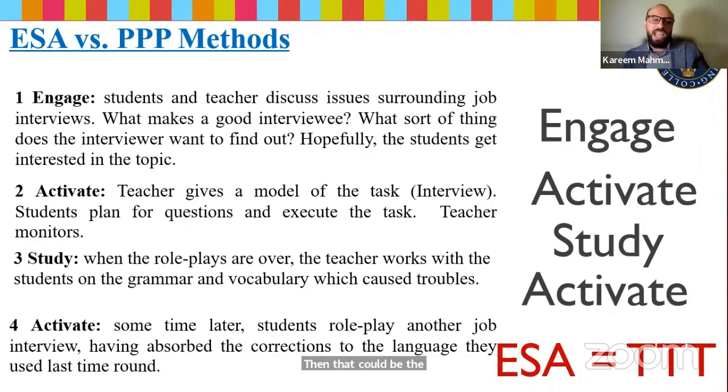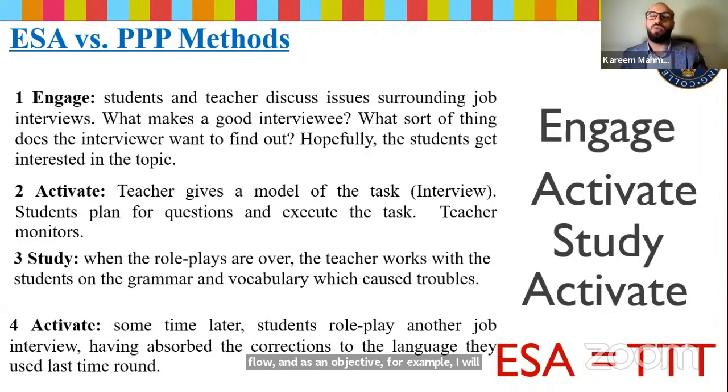That could be the entrance to the task. And then I will ask them to do a task that requires fluency as an objective. For example, a role play.